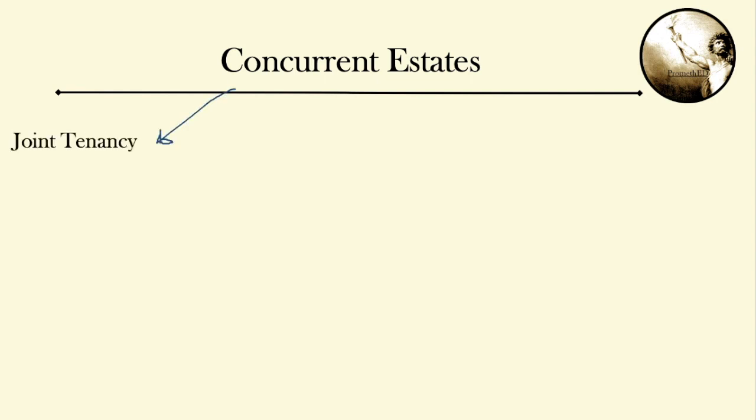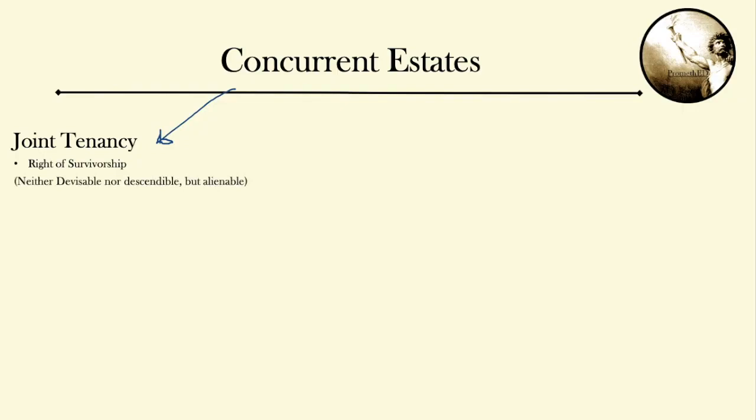The joint tenancy has the characteristic of the right of survivorship. The right of survivorship happens when one joint tenant dies and her share passes automatically to the surviving joint tenants. So the right of survivorship, which is the main feature of the joint tenancy, has to be present at the creation by express language.